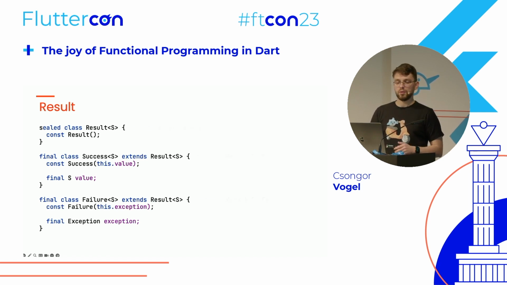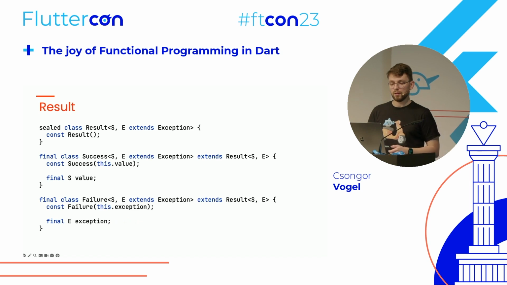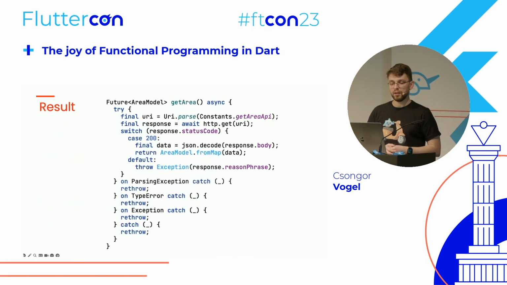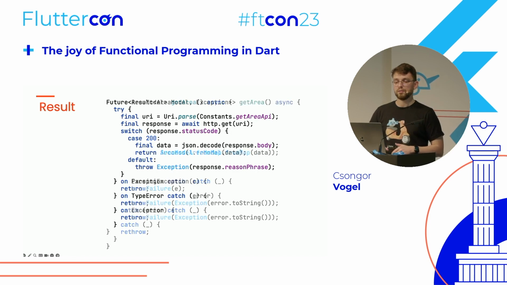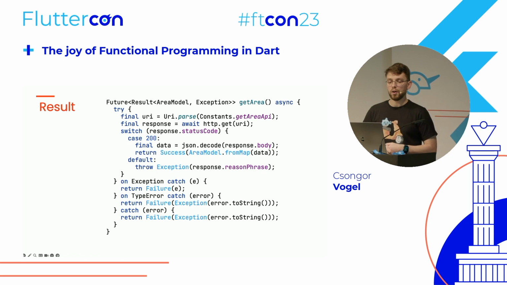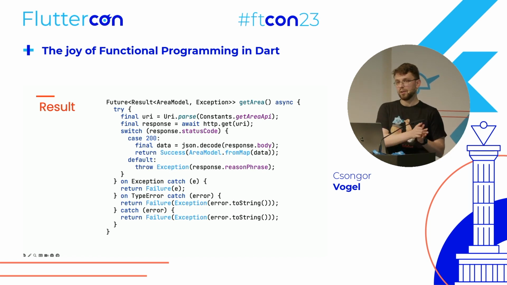If we want to extend it, we can do it with just this step. So going back to our example, instead of just rethrowing exceptions from the different branches, we can update the signature of our function, and instead of an area model, we can specify that this function can return, in the success case, an area model, or in a failure case, an exception.